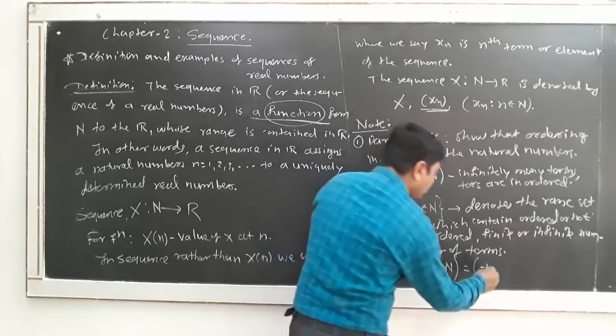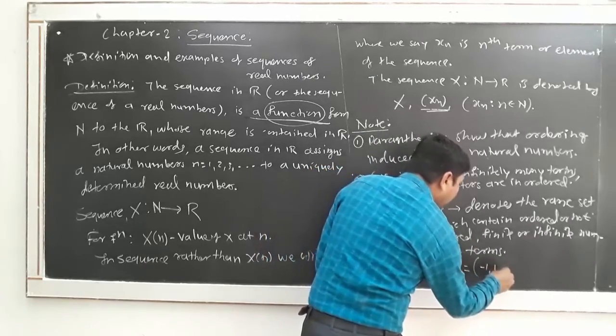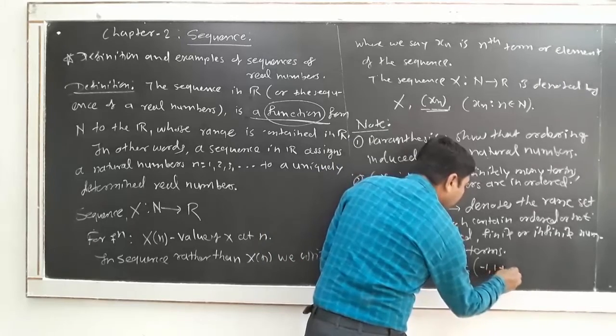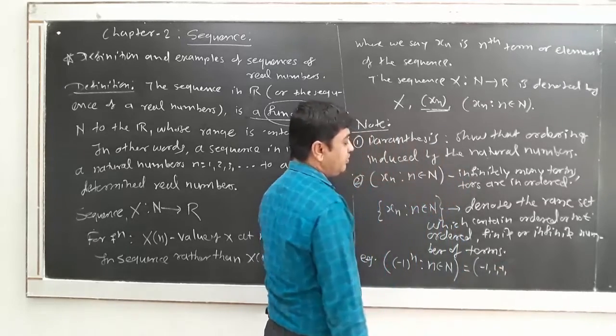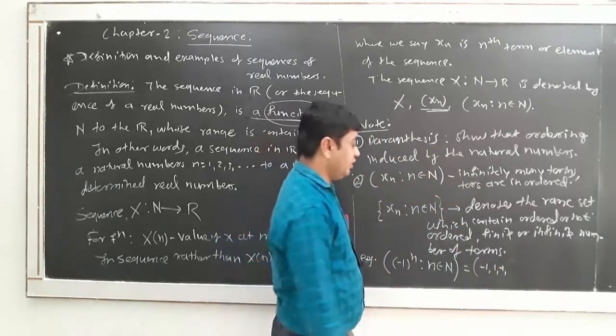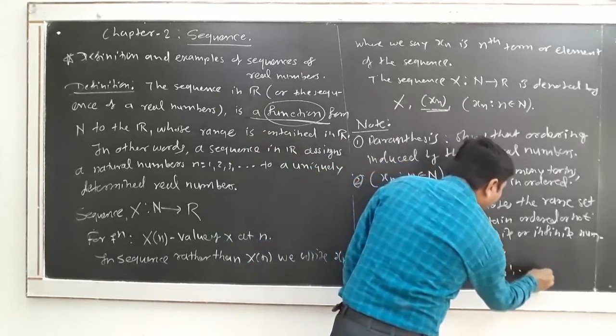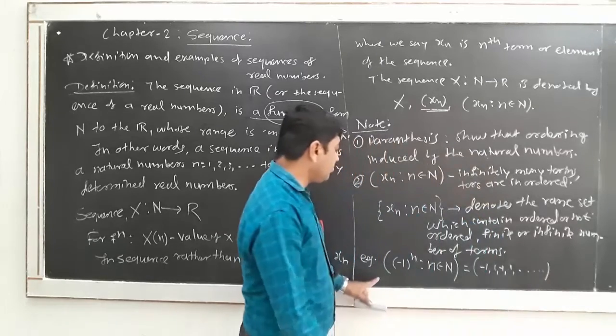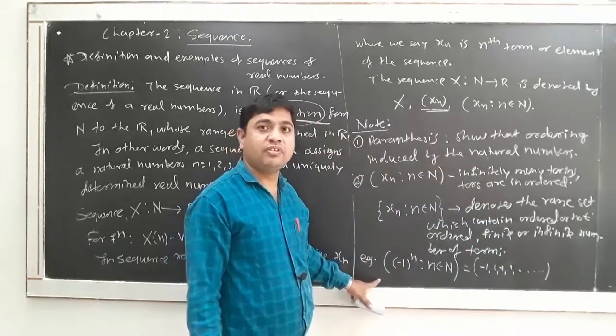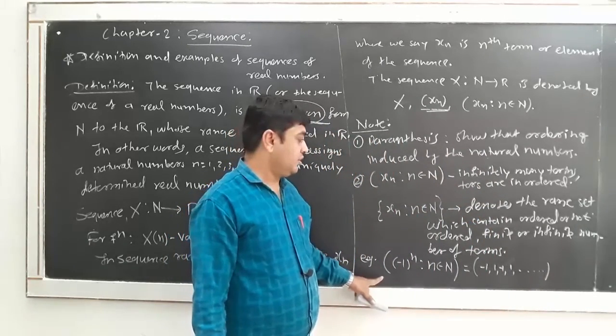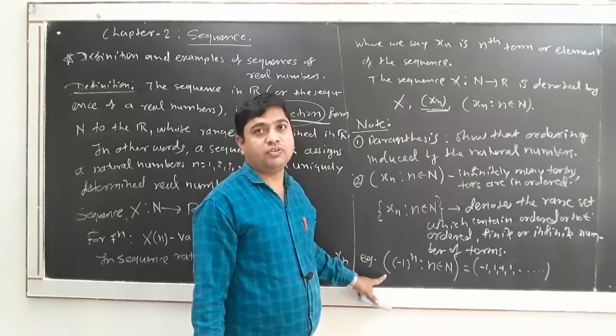N is equal to 2, this should be +1. That means it is the sequence of alternate numbers -1 and 1. That is -1, 1, -1, 1 and so on. That means this contains infinitely many terms, alternate terms, that is 1 and -1.